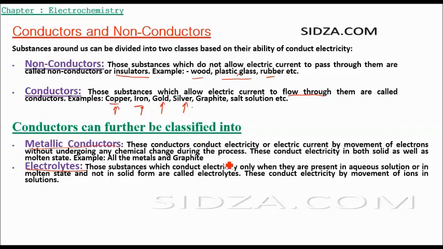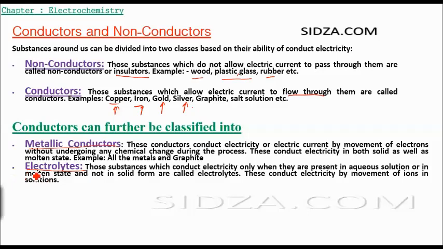We call them metallic conductors because when current passes through them, there is actually no chemical change going on during that process. So there is no chemical reaction which can occur in a metallic conductor. They conduct electricity without any kind of chemical change during the process.